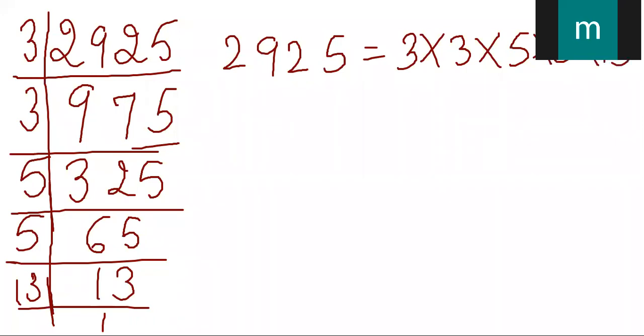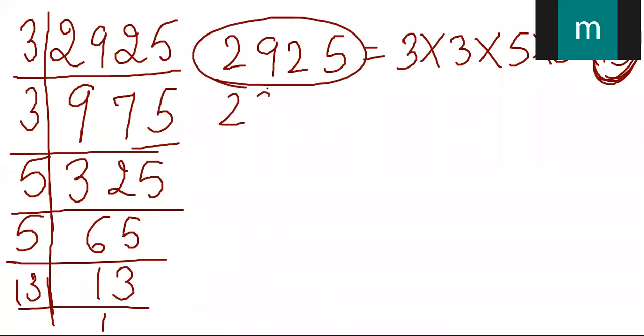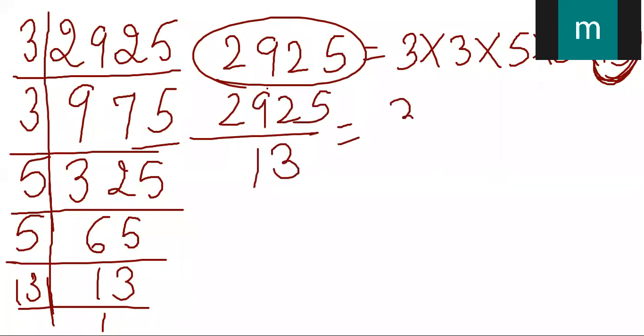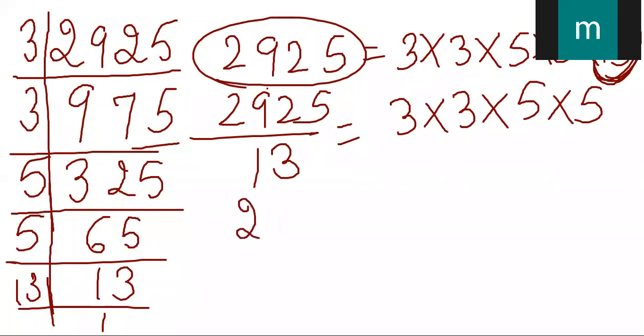Right? So 13 is here separately. It's not forming any pair. So by which number should this number be divided? By 13. So we will divide 2925 by 13 to make it a perfect square. Then the prime factorization will be 3 into 3 into 5 into 5, right? And when you divide, you will get 225.